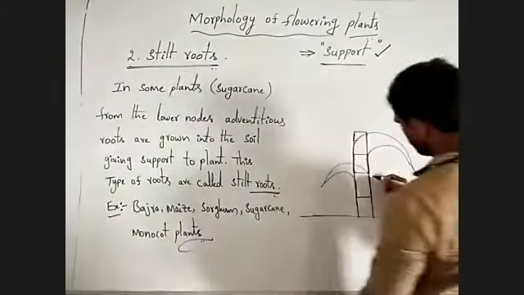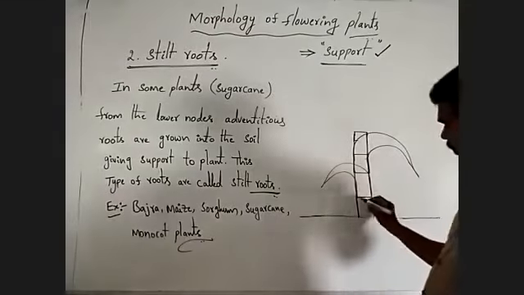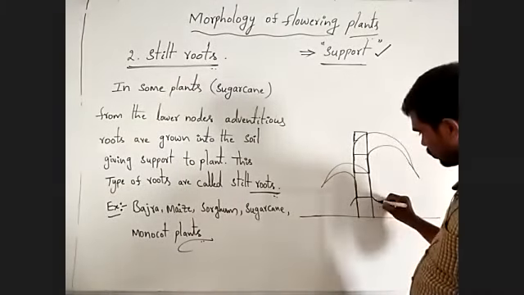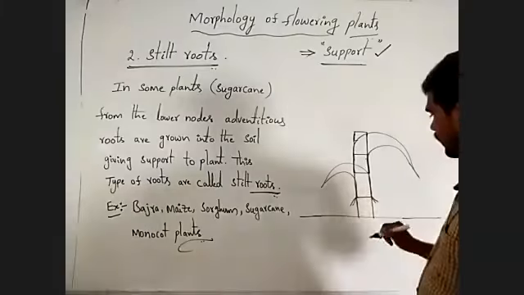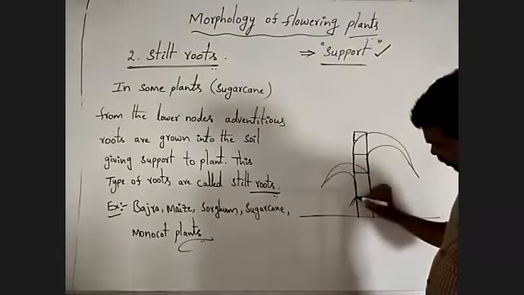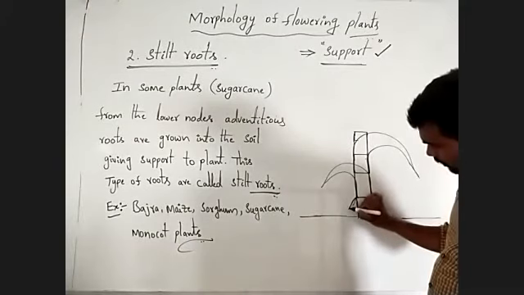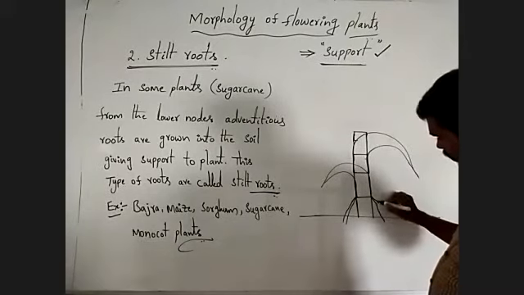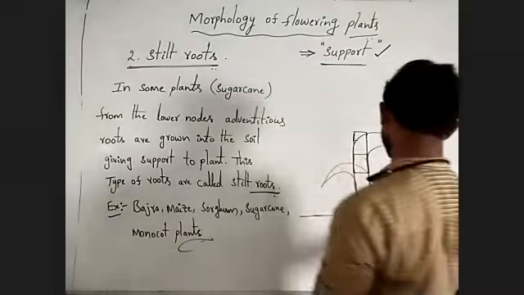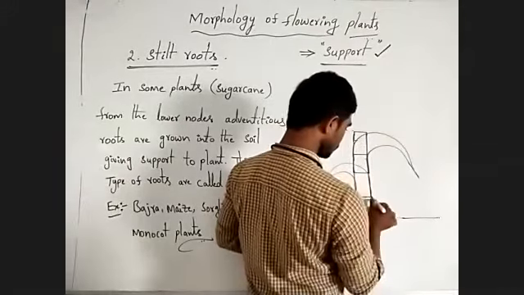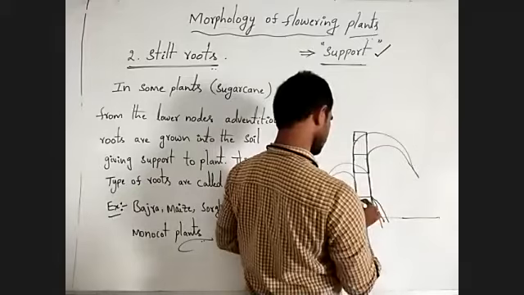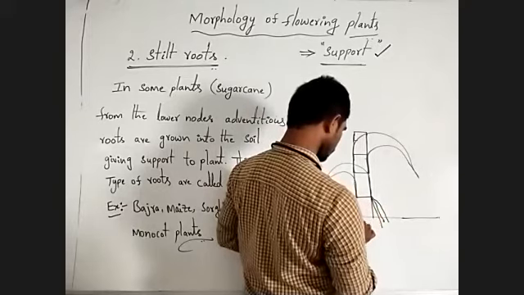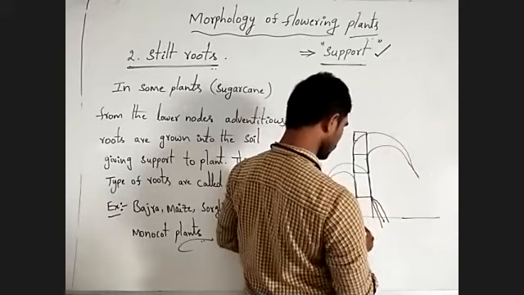Observe, from the lower nodes of the stem, adventitious roots are developed like this. They grow towards the soil, ultimately they grow into the soil, giving the support to this plant.